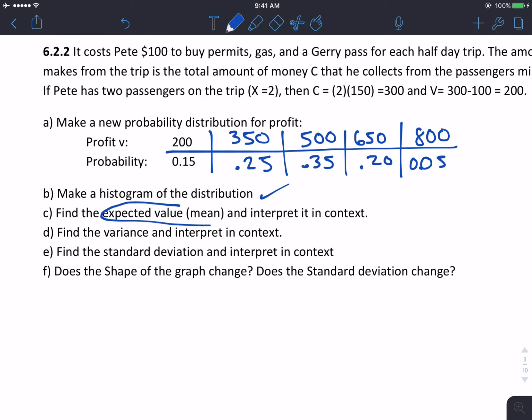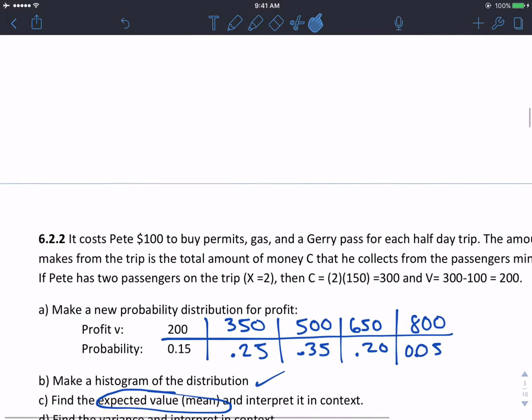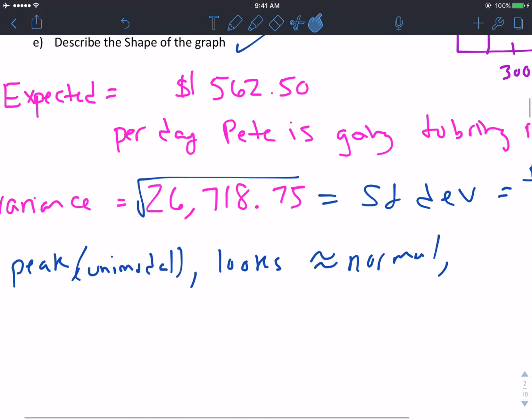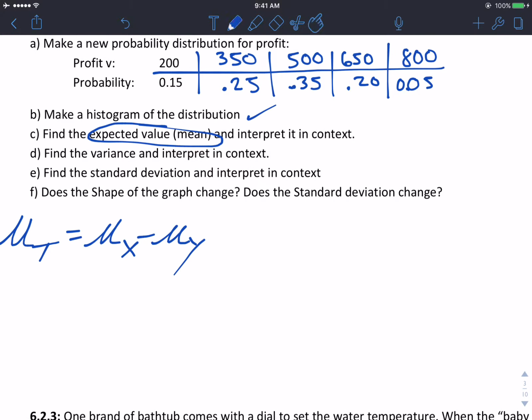What's the expected value of the mean? Well, if you remember from our rules, all we have to do is, if we're subtracting 100 off of it, our original mean from the problem was 562.50, and all I'm doing is subtracting $100 off of it.